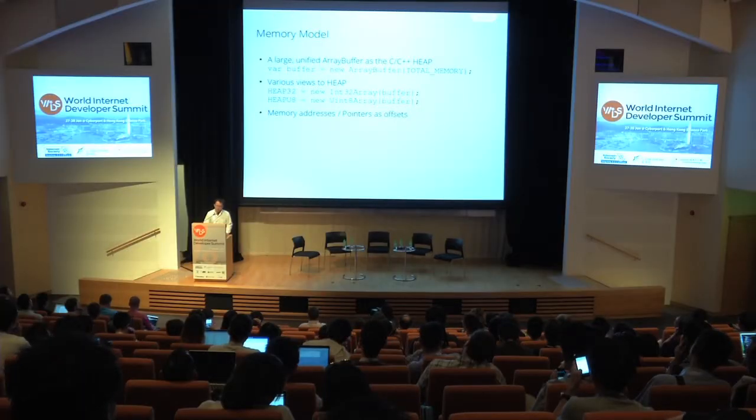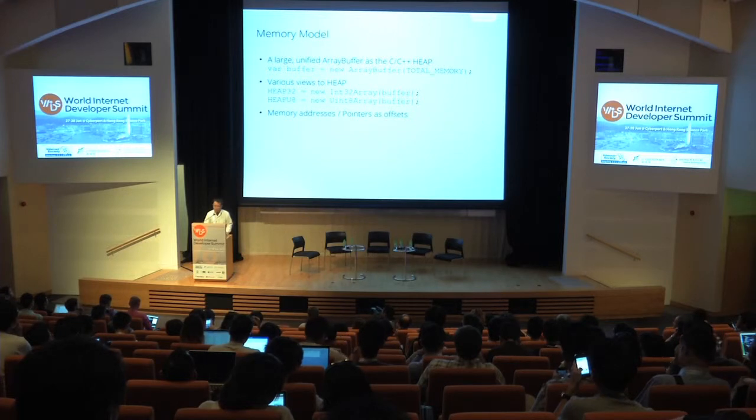The answer to the first question is typed arrays. A large array buffer is allocated before the main function as the C and C++ heap. Every memory operation in the source language eventually gets mapped into this array buffer. For each type, typed arrays provide a corresponding view.